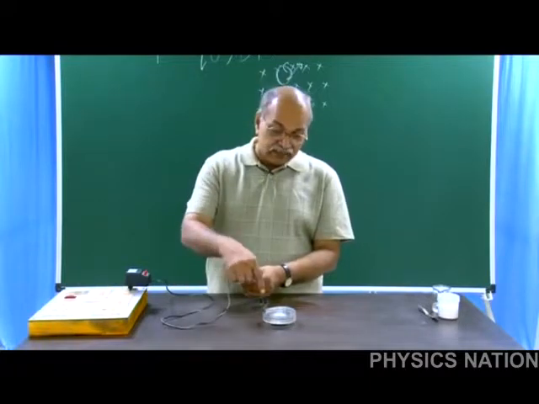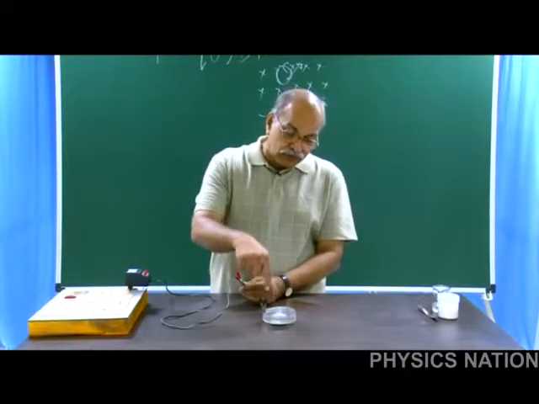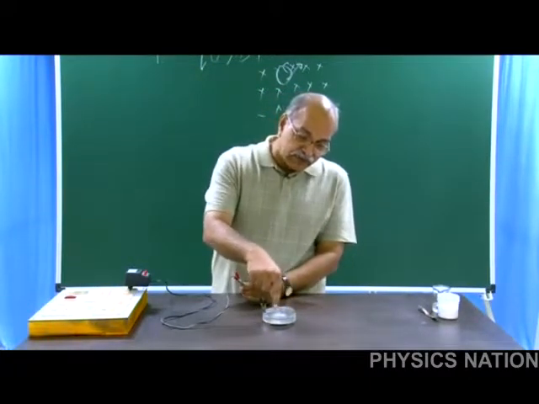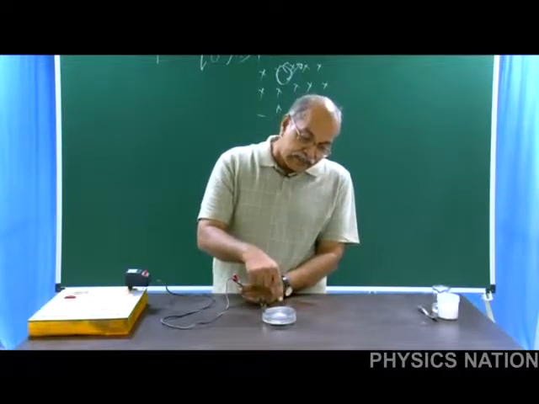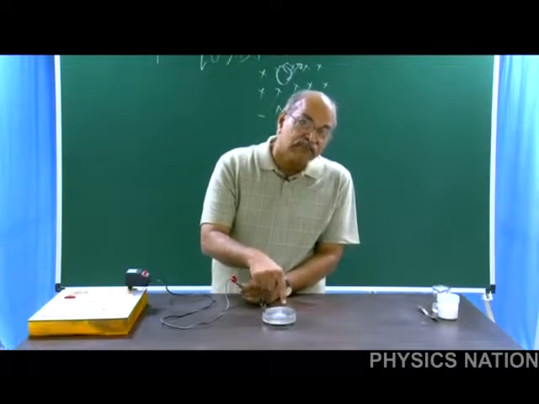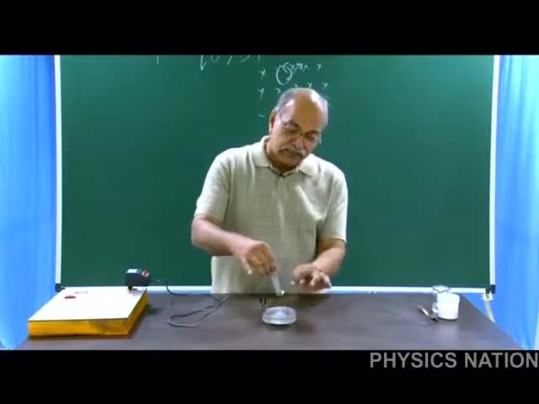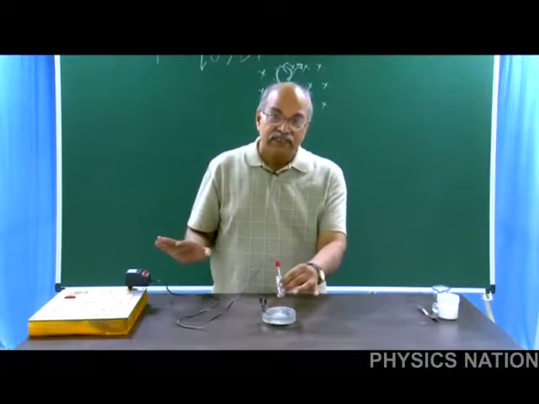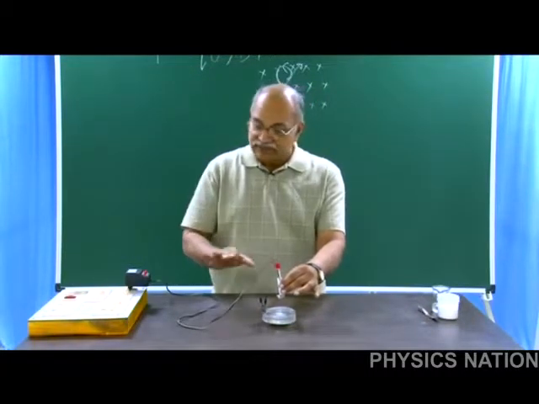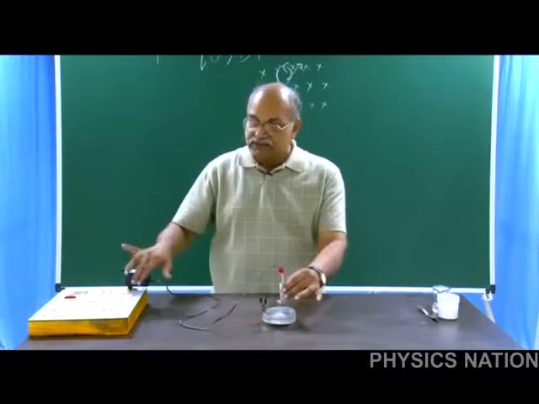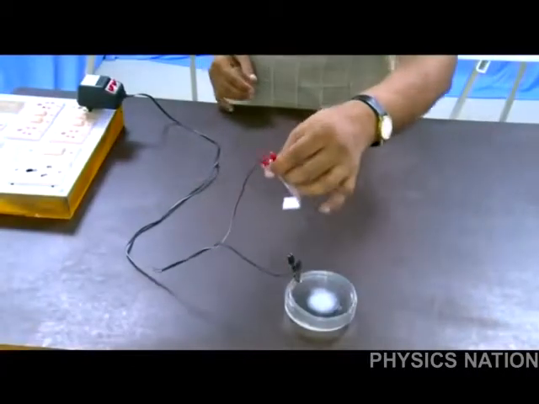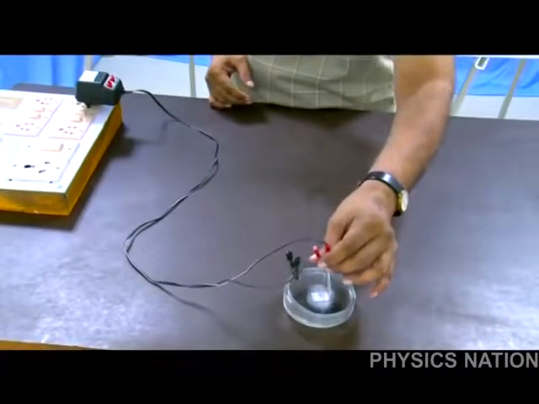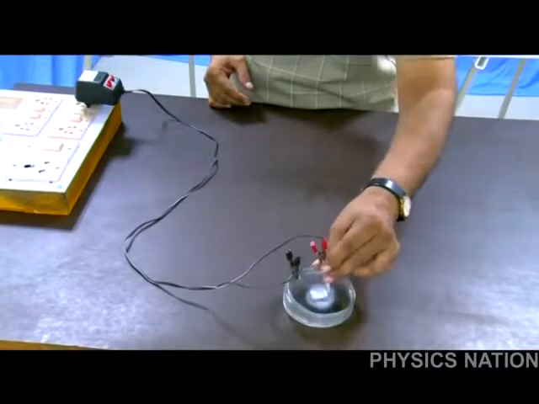The current will go to this aluminum ring, and then through this water in which I have dissolved the salt, it will come to this strip and then back to the adapter, and you see what happens when I connect it and switch it on. So I am putting it here and then switching the power on.